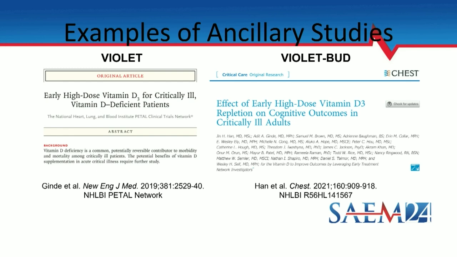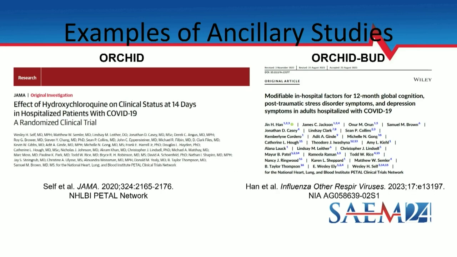We applied for and got funding through the NHLBI R56 mechanism, where we added 12-month cognition assessments. Here is another follow-up example, funded by the NIA. The parent study was the ORCHID study, comparing hydroxychloroquine versus placebo, and we added a 12-month neuropsychological assessment.